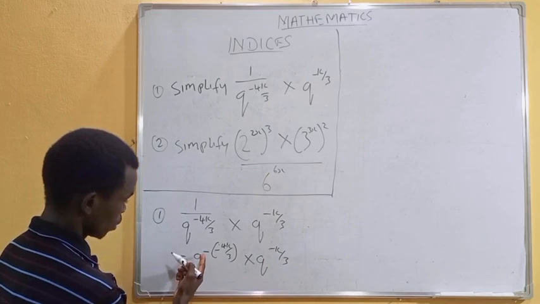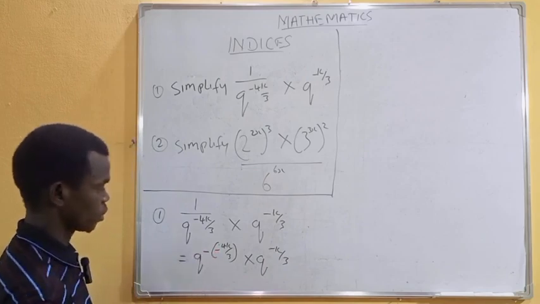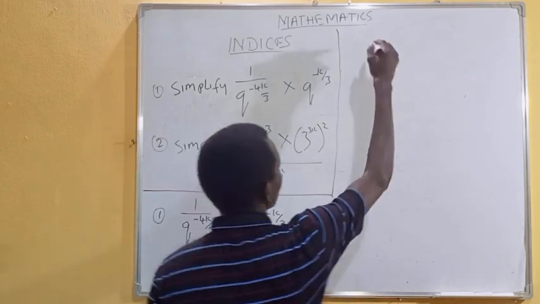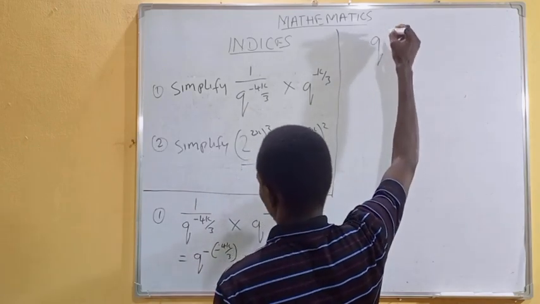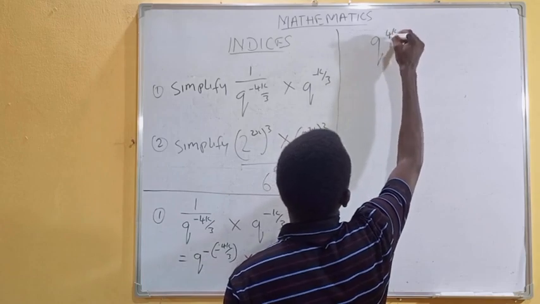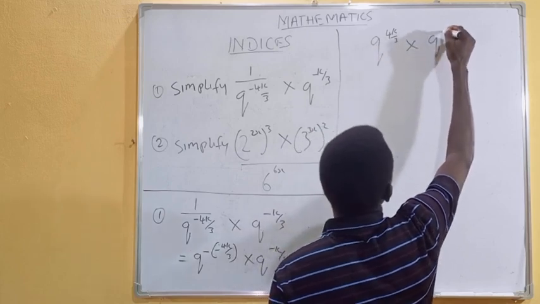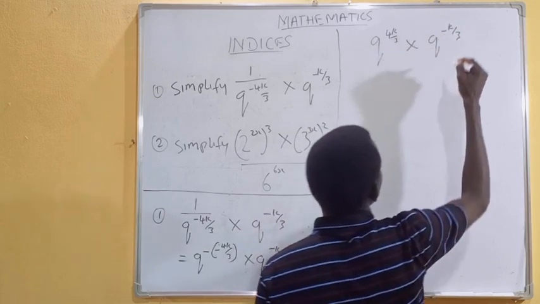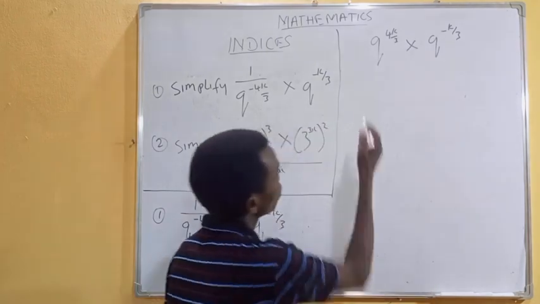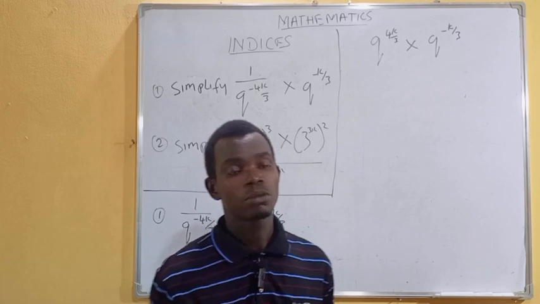So this minus times minus will now be positive. It will now be q raised to the power 4k over 3 times q raised to the power k over 3. And from here, we can use the multiplication law.